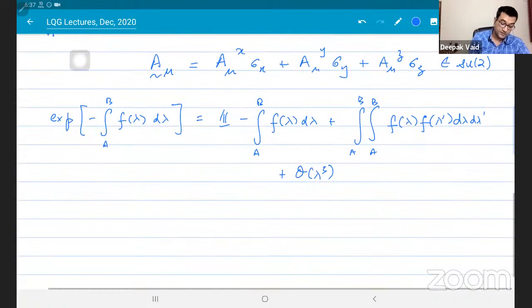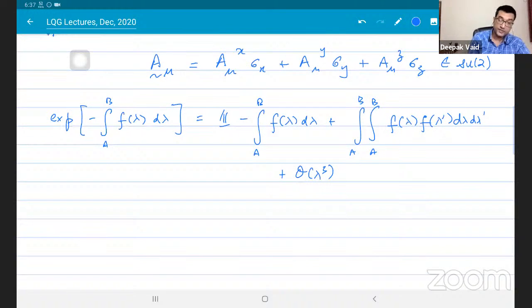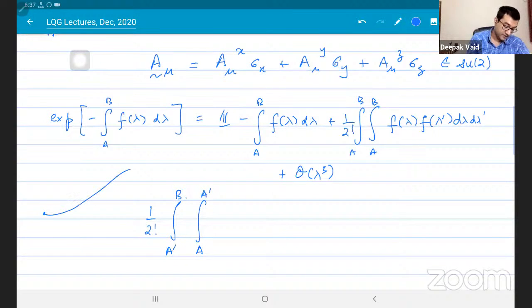And so if this is a path ordered integral, then this term would instead be written in the form, and there'd be a factor 1 by 2 factorial. Let's say you go from A to A prime and A prime to B. What that means is that I have this path. The beginning and end points are A and B. And then I take a point in between, I call that A prime.